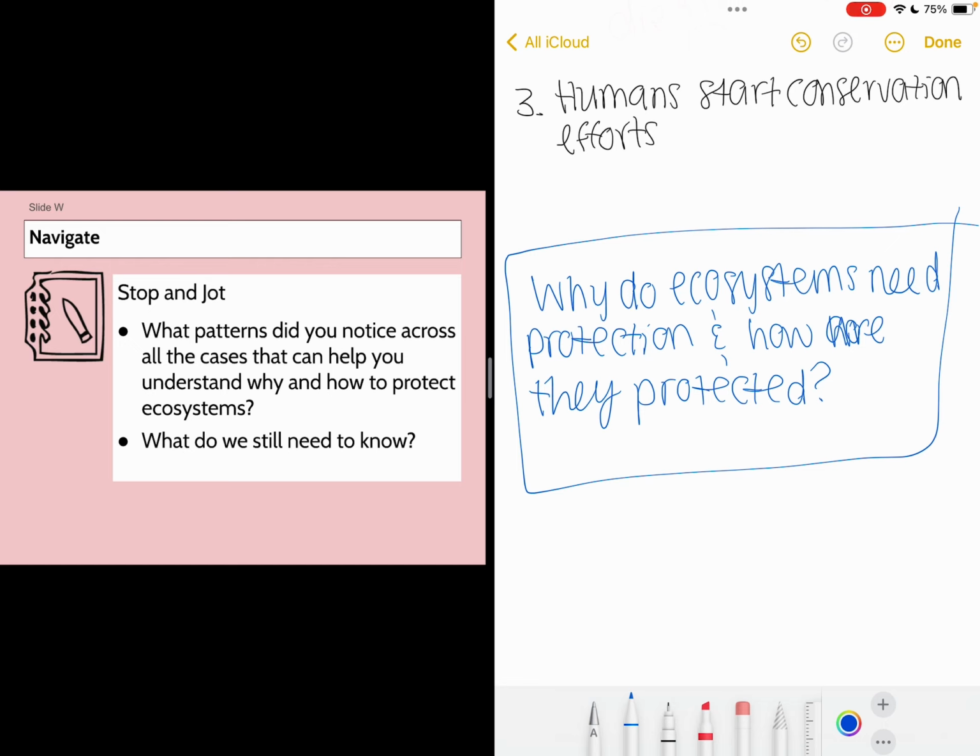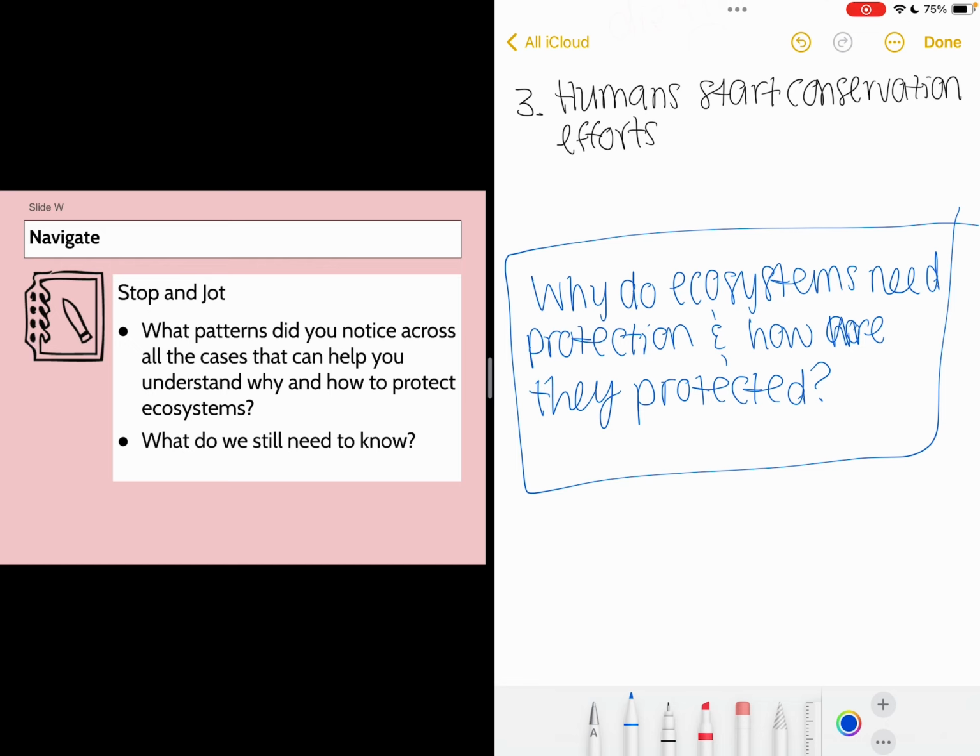So, for example, I'm only going to give you 3 here so you can come up with your own and write these in under what do we still need to know. Who started conservation efforts? Was it one person? Was it multiple people? Was it a group of people? Was it a local government, the federal government, the animals that live there and they secretly talk when we're not there? Who started it?